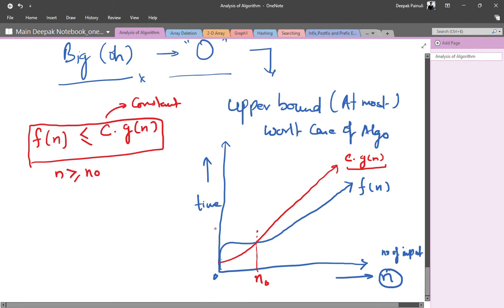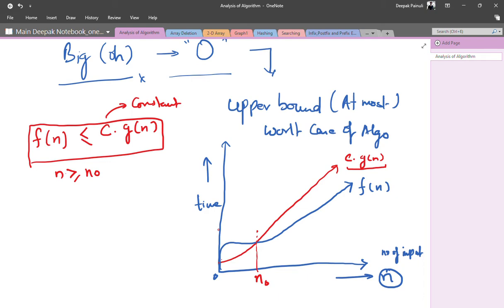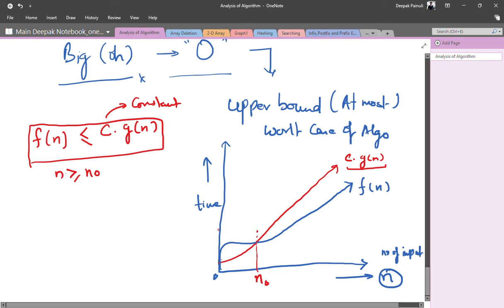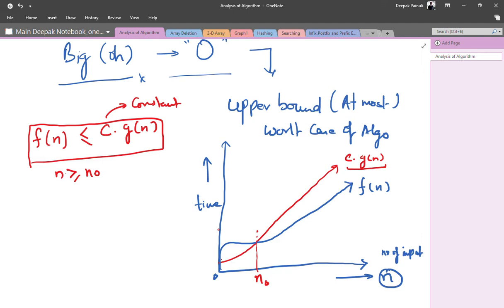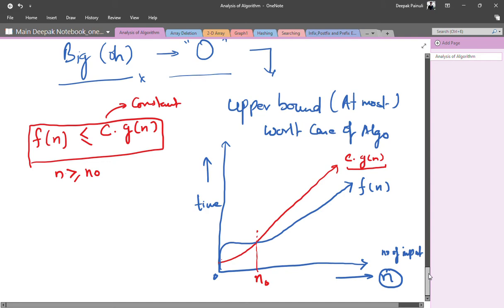n0 represents the minimal input. You cannot evaluate any algorithm without any input, right? So definitely there will be at least one input for evaluation, and this n0 represents that case. In the graph, if we have a minimum input of n0, then after this region, after n0, c·g(n) will be greater than f(n).